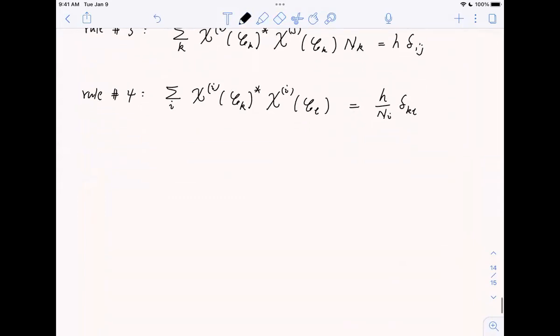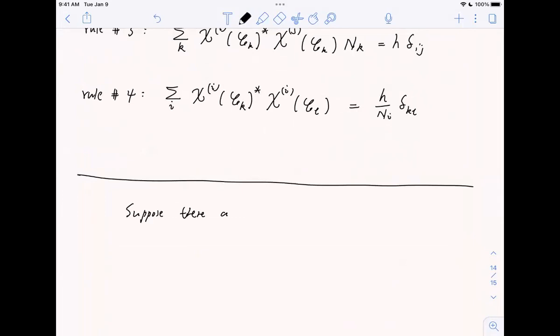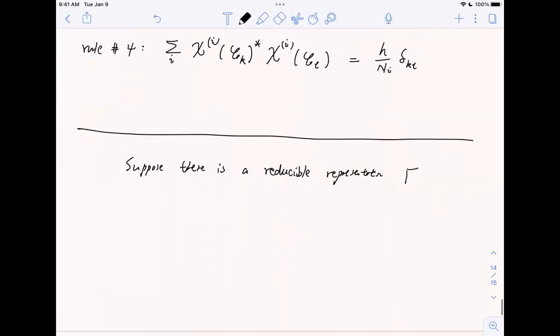Suppose there is a reducible representation, let's say gamma. So what do I mean by reducible? It means gamma can be changed into a block form of irreducible representations.